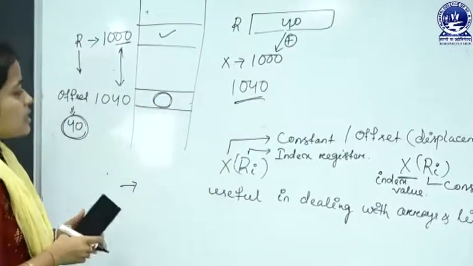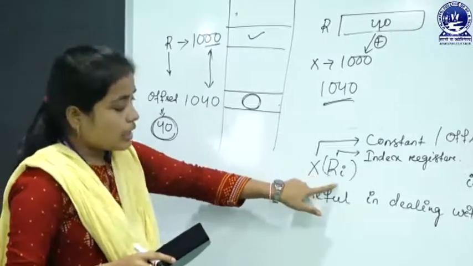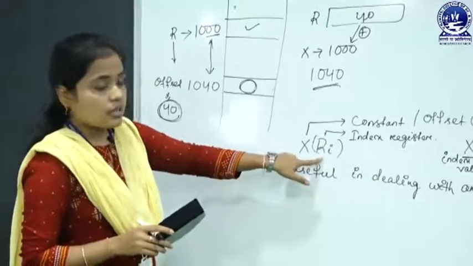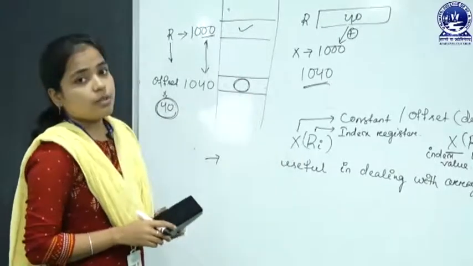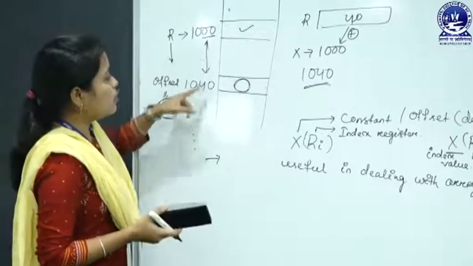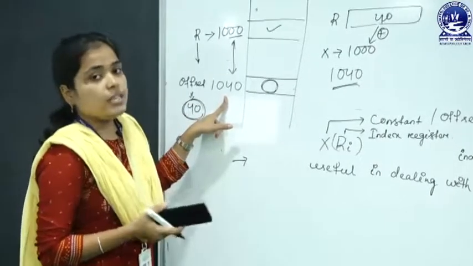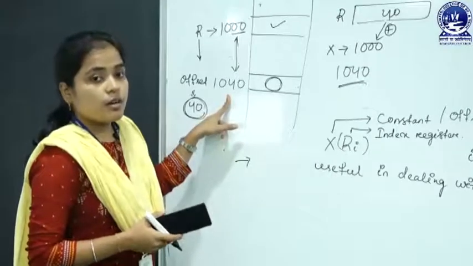So, whatever the case, whether the constant value is in X or in Ri, or the memory location is in Ri or X, you have to add both contents. Then you will find the actual address of the operand, then you can fetch that operand from that memory location and easily perform the operation.